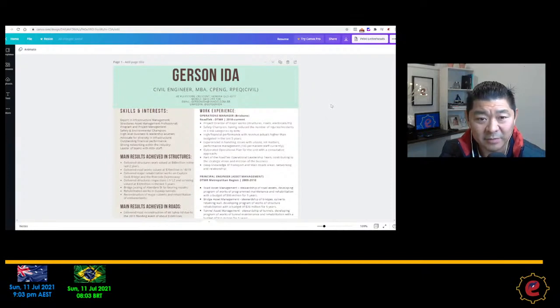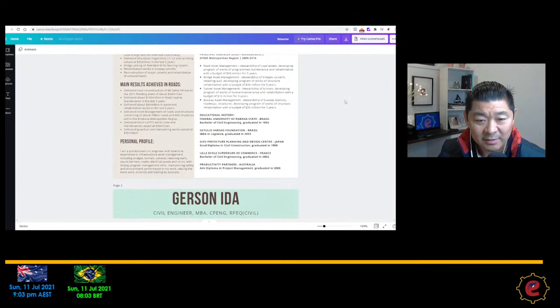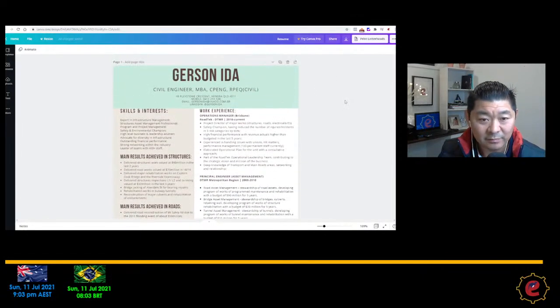I used a template that I found in Canva, because I think in the end it's more presentable, looks more professional, and I believe that when I do the CV this way, it will stand out, and the recruitment panel or the person analyzing all the applications will probably stop and have a look at my CV as well.